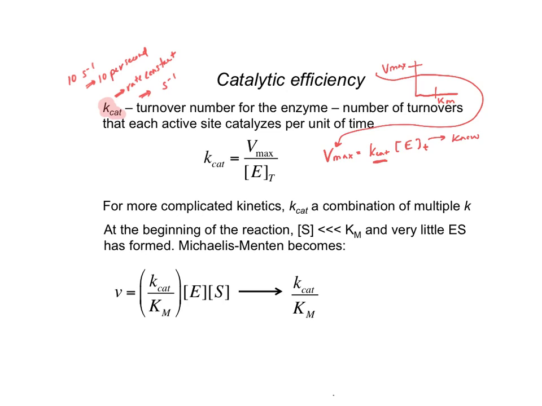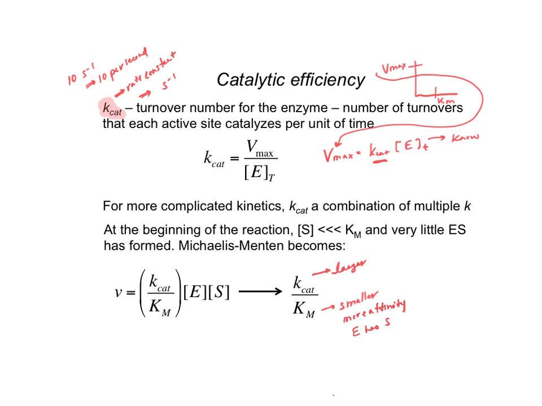Okay, so one other little thing, there is going to be a particular relationship between Kcat and Km. All right, so if you think about an enzyme, the larger the Kcat, the more molecules are going to react per unit time, right? So the faster the enzyme. Also, the smaller the Km, the more affinity the enzyme has for substrate, okay?